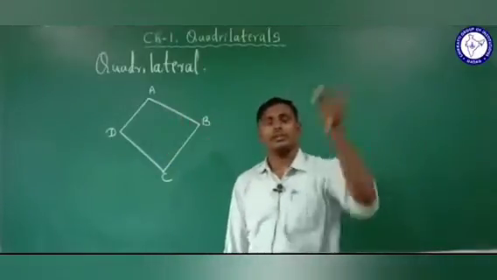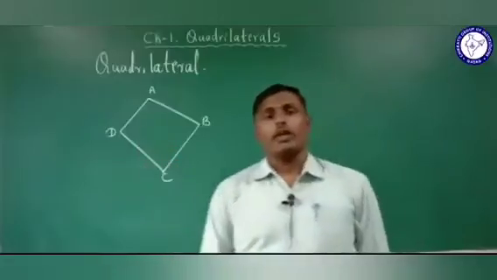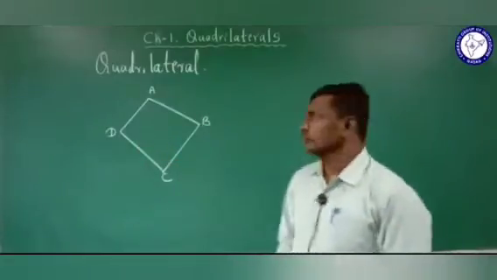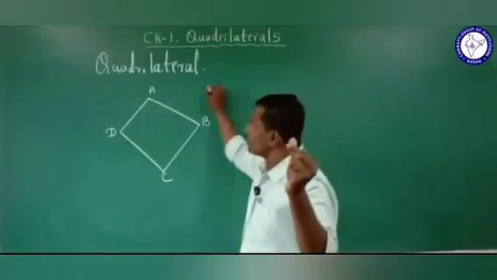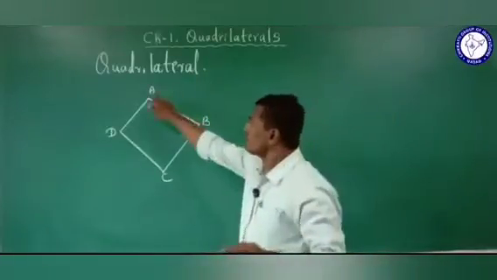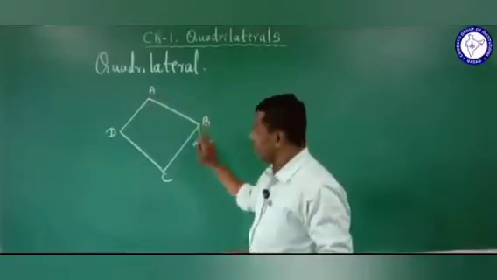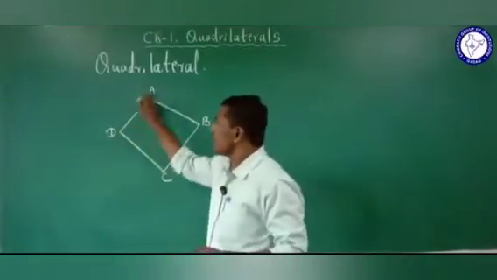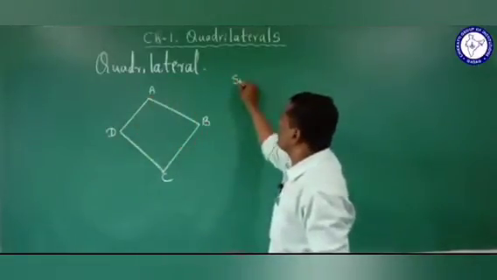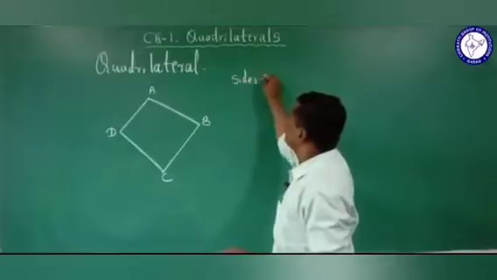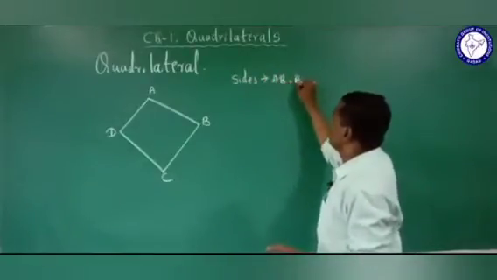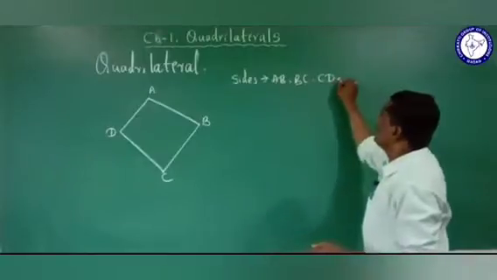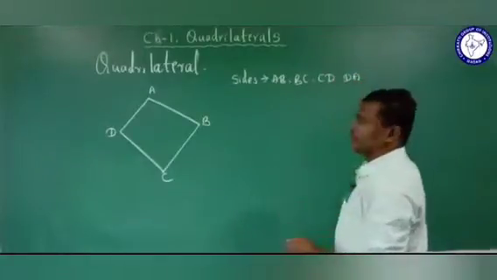Now come to the basic points related to quadrilaterals. A quadrilateral has four sides: AB, BC, CD and DA.